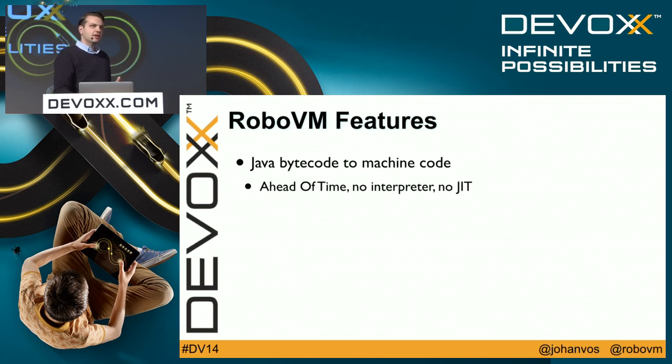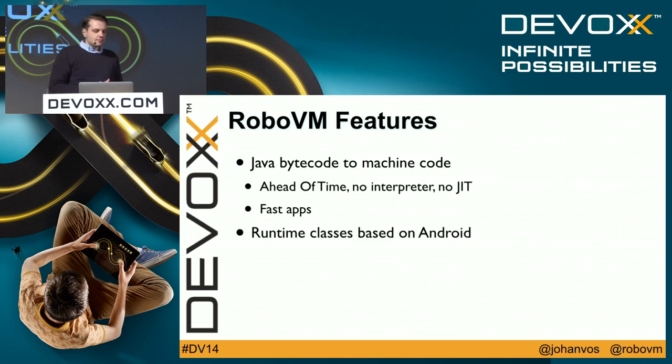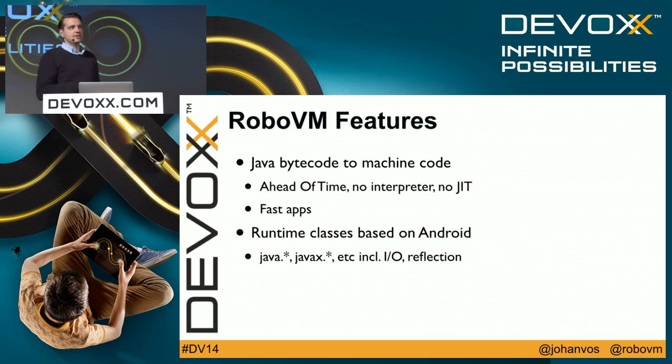So thanks to this, what you get is apps that are performant, they are fast, and consume not that much system resources, I mean, in terms of battery. We've seen that apps using RoboVM are at least as fast as what you would get if you use Objective-C. We've reused the runtime classes from Android. So all of those packages that you're used to seeing in a normal JVM or in Android, the java dot and javax packages, for instance, they are there.